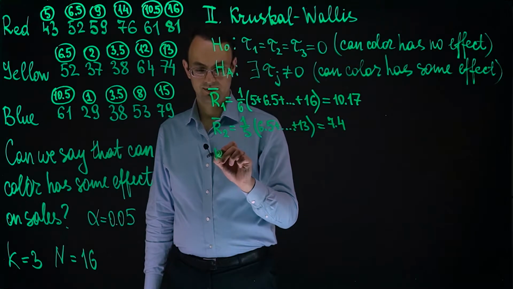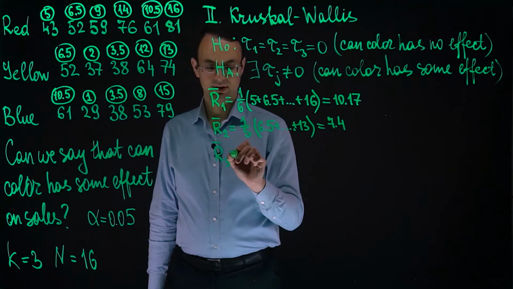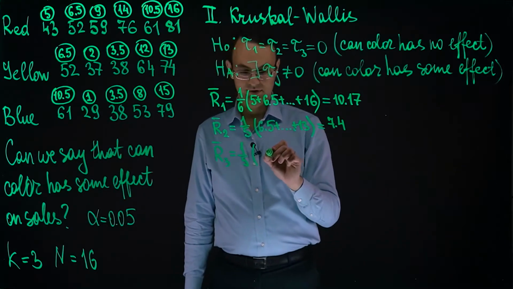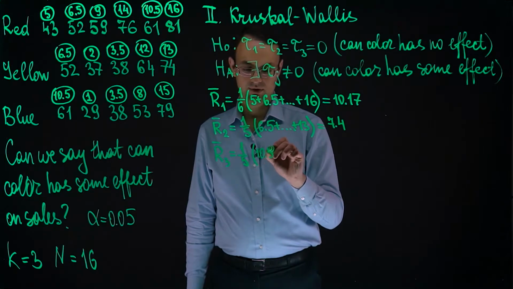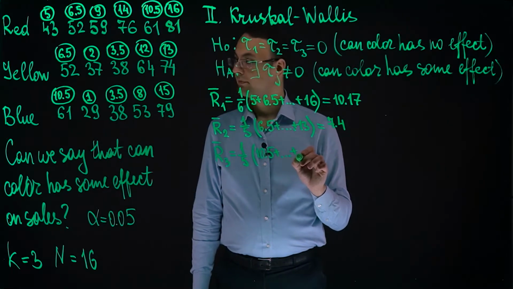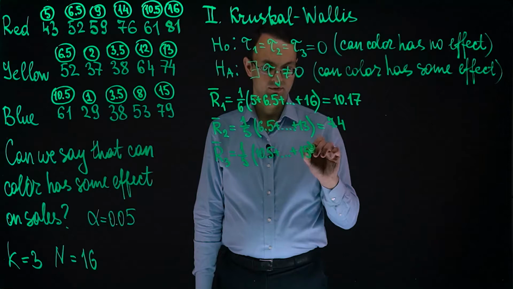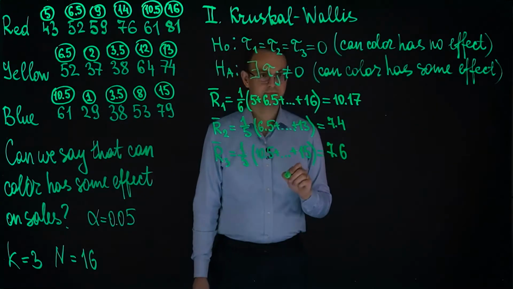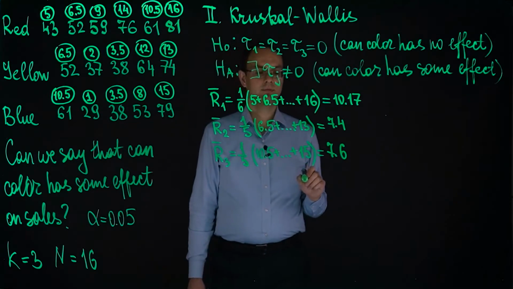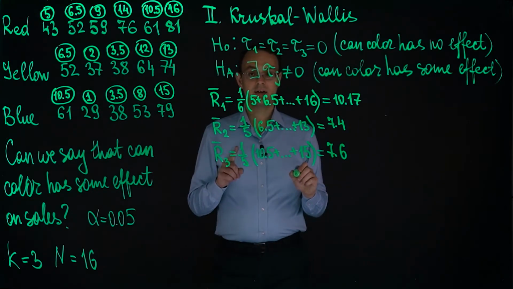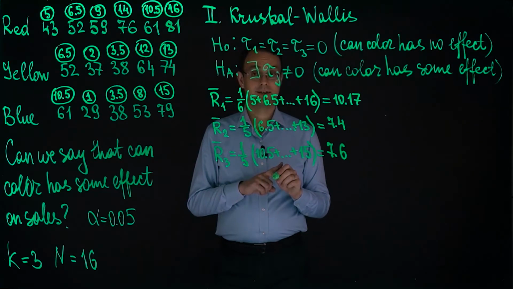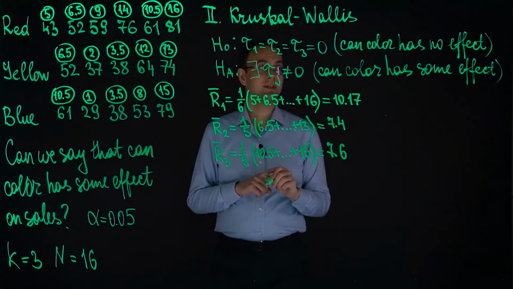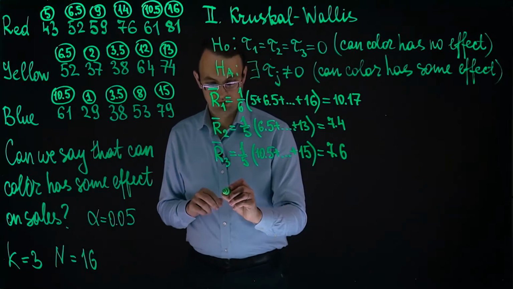And the mean rank for the third sample is 1/5, where I add numbers from 10.5 to 15, and the result is 7.6. So these are the mean ranks for our samples, and now I can find the test statistic H.